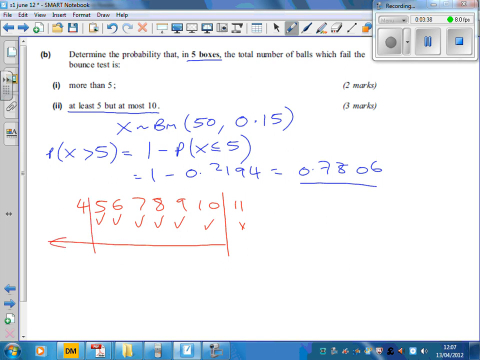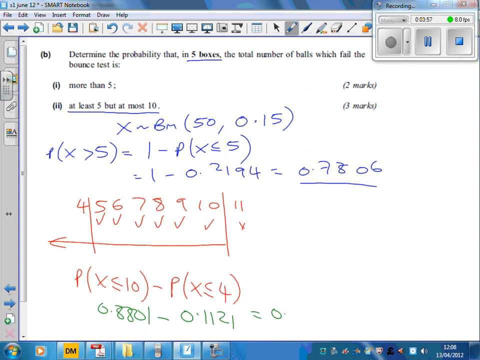So we're looking at the probability that x is less than or equal to 10, and we're taking off the probability that x is less than or equal to 4, and tapping those in there. The 10 value is 0.8801, the 4 value is 0.1121, and I'm getting 0.768 to finish that off.